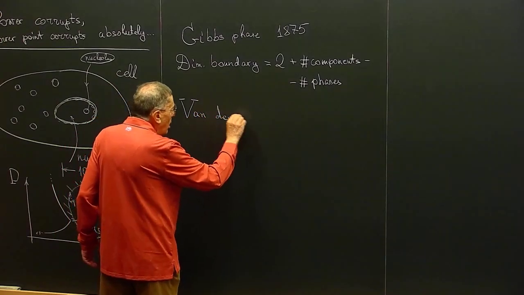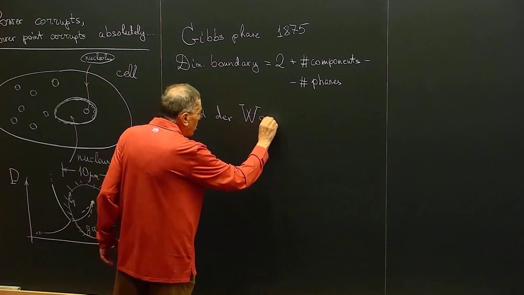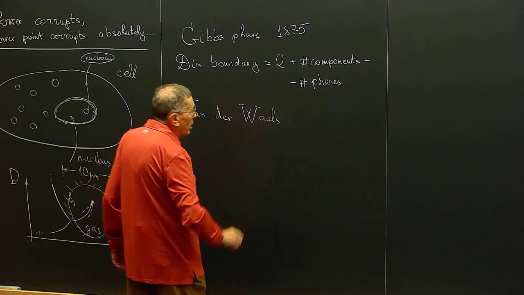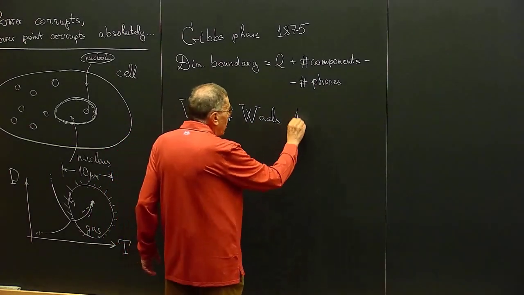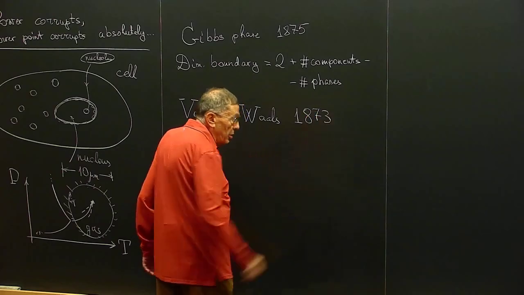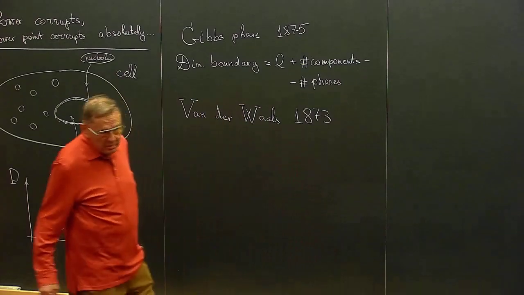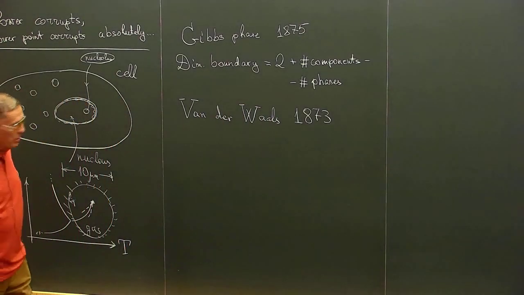Again, classical physics, all that I will tell you now, was discovered by van der Waals in 1873, and it was his PhD thesis. It was quite an impressive PhD thesis.